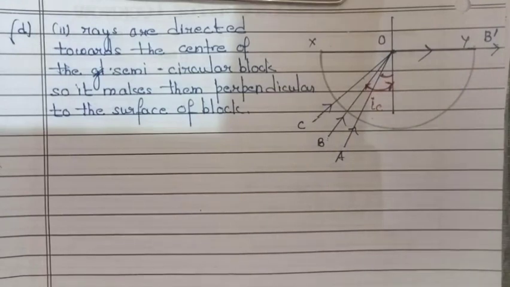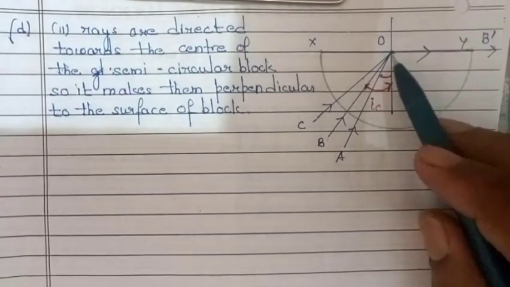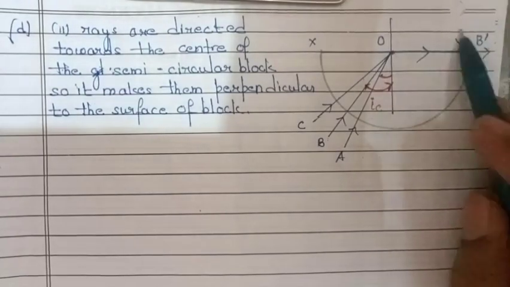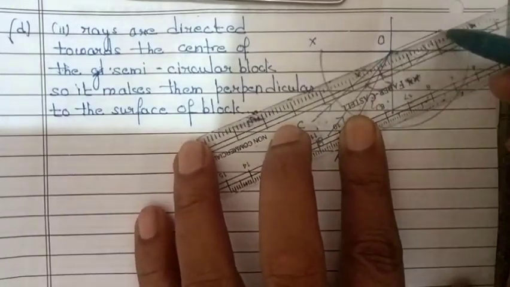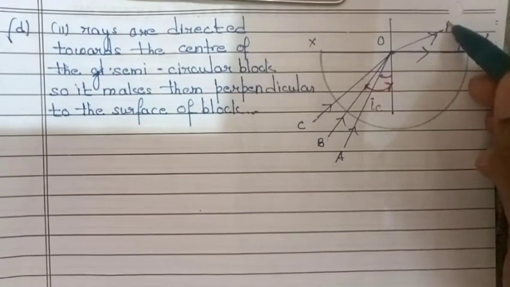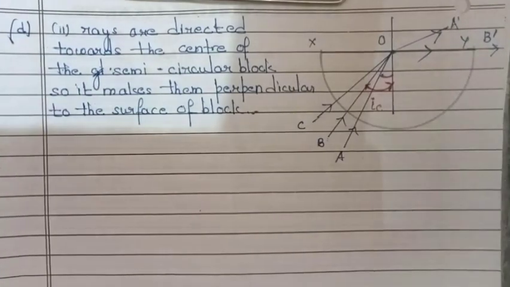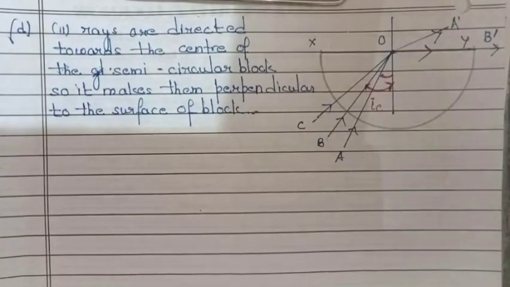So the ray which makes the angle of incidence less than the critical angle, ray A, will be refracted away from the normal. So it will enter the second surface and it will be refracted away from the normal, because its angle of incidence is less than the critical angle.